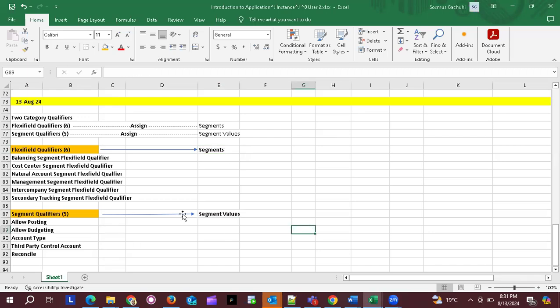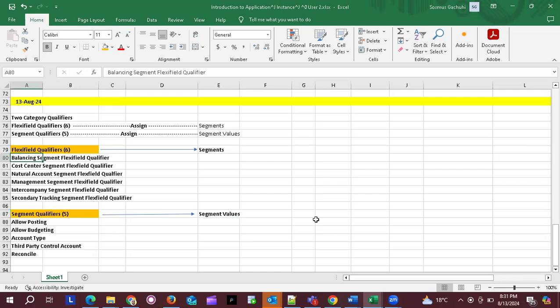Right. So we are talking about Flexfield qualifiers and segment qualifiers. What I'm saying is, for Flexfield qualifiers, we assign them to segments, and for segment qualifiers, we assign them to segment values.